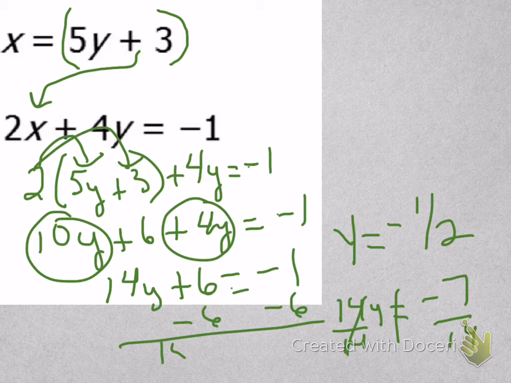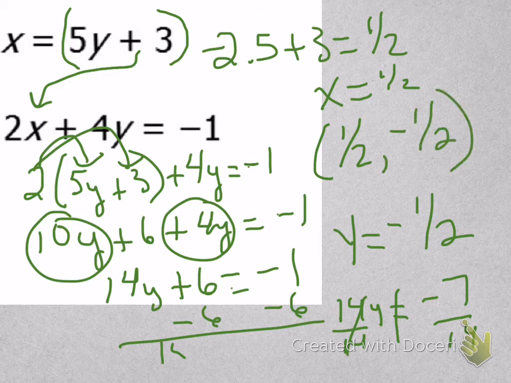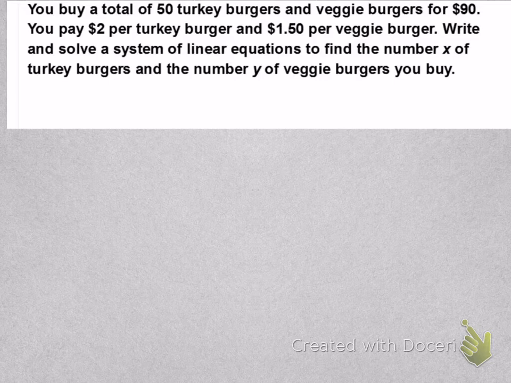So 5 times negative 1/2 is negative 2.5. Then we have negative 2.5 plus 3 equals 1/2. So x equals 1/2. Y equals negative 1/2. So when I write that, it's 1/2 comma negative 1/2.